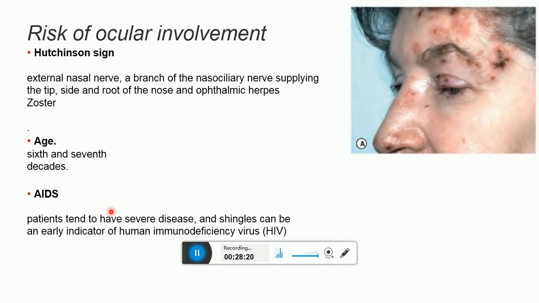The development of shingles in children or young adults classically has prompted a search for immune deficiency or malignancy, though the requirement for this has been questioned, as an abnormality will be found in only a small minority. So, vesicles involving the tip or side of the nose precede the development of ophthalmic herpes zoster. It is known as Hutchinson sign.